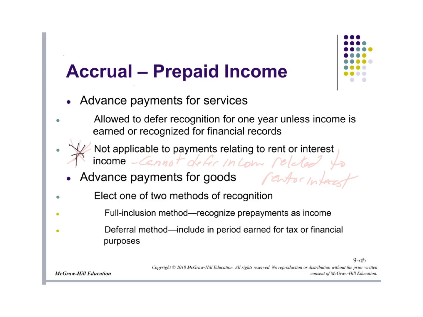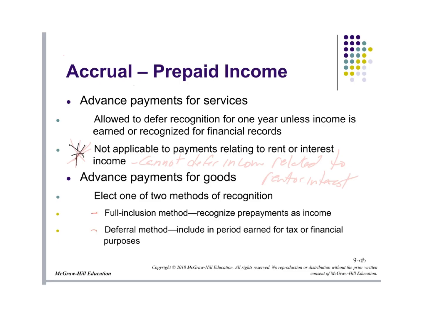What about advance payments for goods? Okay, so you've got one of two methods of recognition. So you've got either full inclusion or the deferral method. Okay, full inclusion says you recognize prepayments as income. So say, for example, you are purchasing some type of large earth moving equipment, and you pay the full amount.